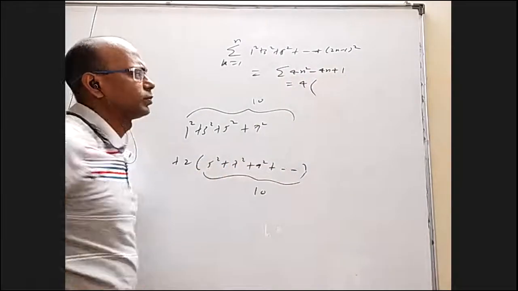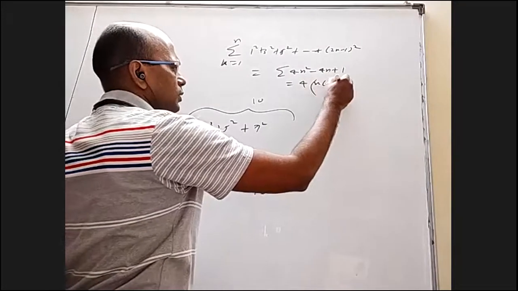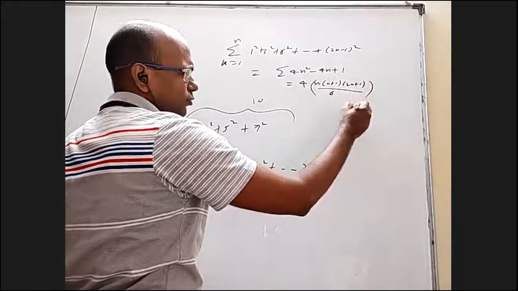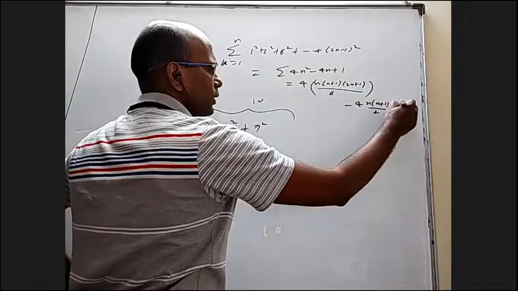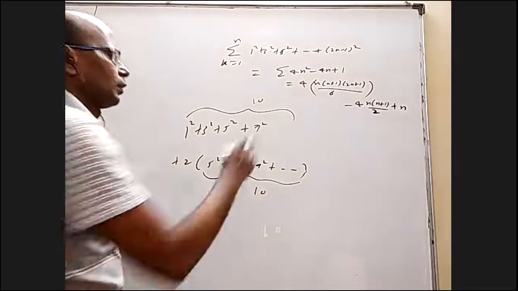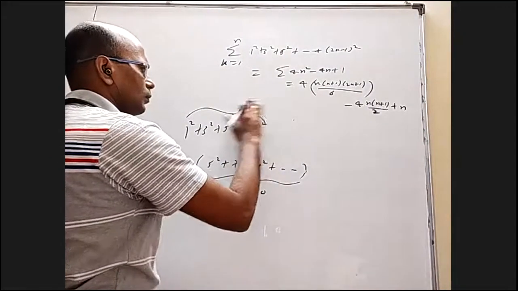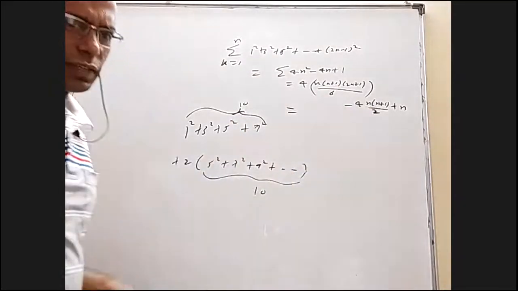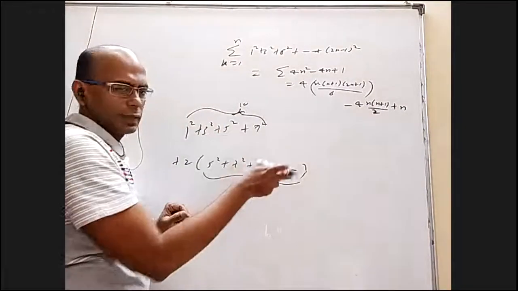That is 4 into sigma n square, the formula n into n plus 1 into 2n plus 1 by 6, minus 4 sigma n, which is n into n plus 1 by 2, plus n. We can use that itself as a formula. We can simplify it. Put n equal to 10 here, we will get this sum.